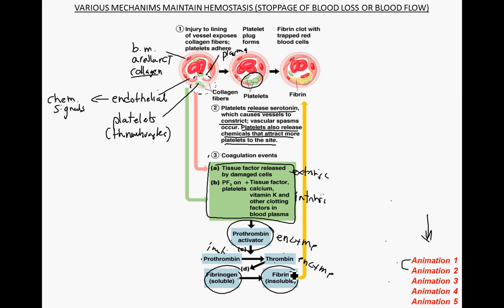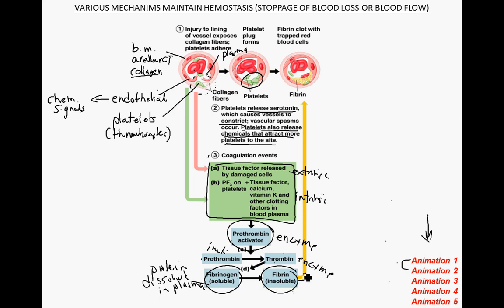This fibrinogen is a protein that is dissolved in the plasma. So if you go back a couple weeks and look at the contents of blood, you remember that plasma, there's a lot of dissolved proteins in the plasma there. So the protein dissolved in the plasma, it becomes this insoluble now fibrin.